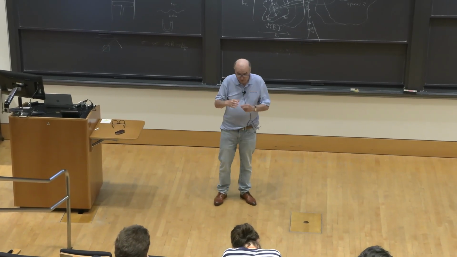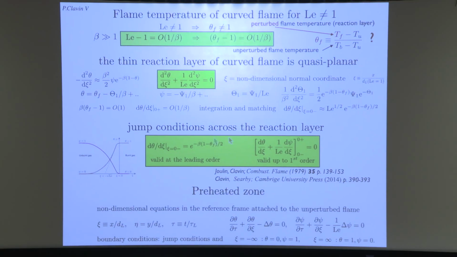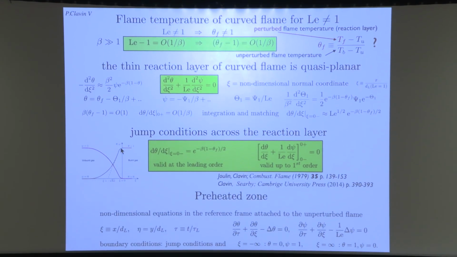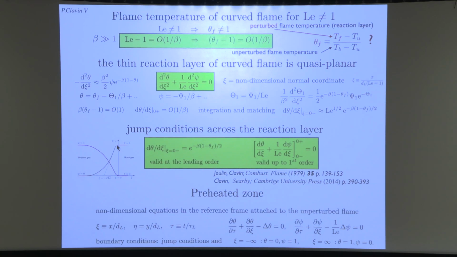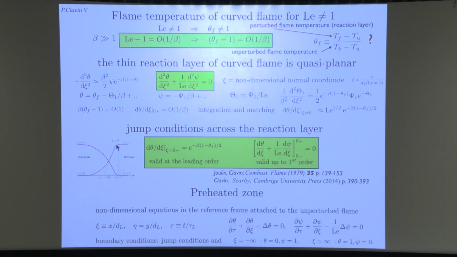Because in the reaction sheet here, you have only diffusion and reaction as processes. There is no convection. So the sum of these two gives you the conservation of energy, and this gives you the slope here.